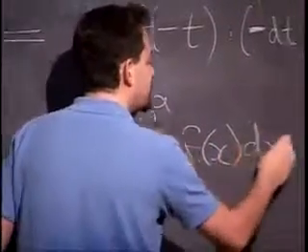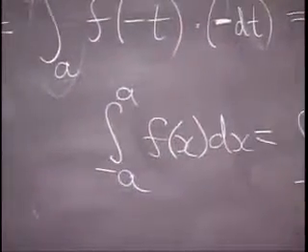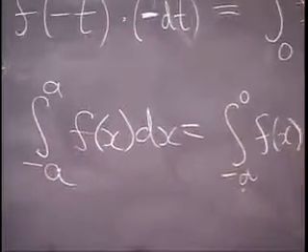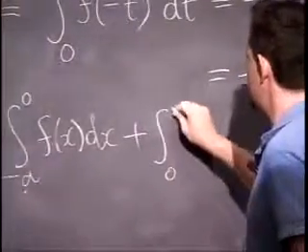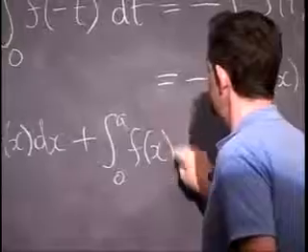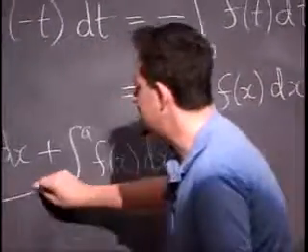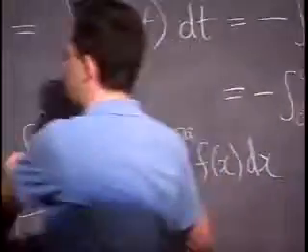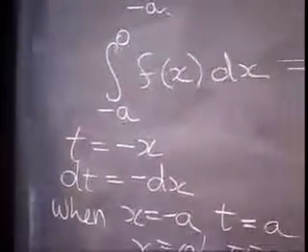So, having gotten this formula, I now integrate from minus a to a. I'm just going to split up the integral at 0. So I get minus a to 0, f of x, plus 0 to a, f of x. And I just did all this manipulation. If you look at this, that's exactly what we just looked at over here. And we found that it equals this.